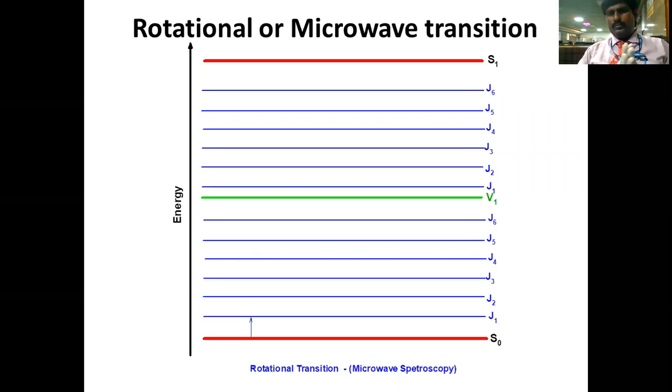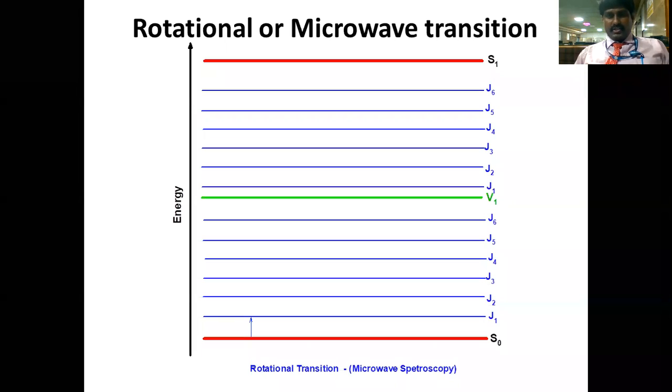Now we have to quantize these energy levels. What is the energy of J1 and J2? The gap between J1 and J2. What is the energy difference between J1 and J2, J1 and J0, and J3 and J2? We have to quantize. For that, we have to consider the diatomic molecule as a rigid rotor model.